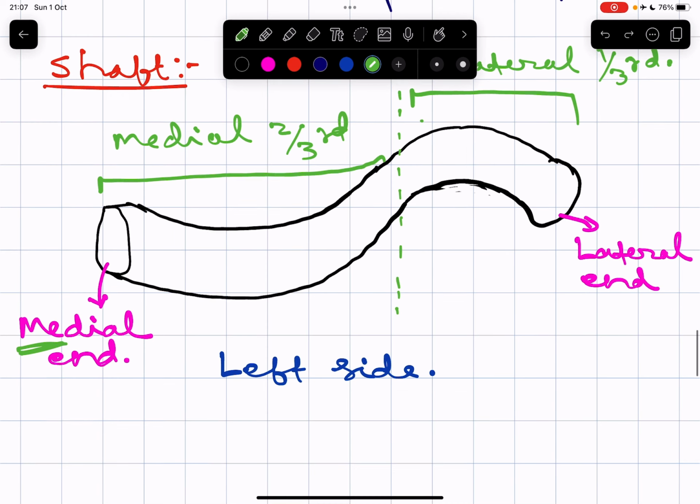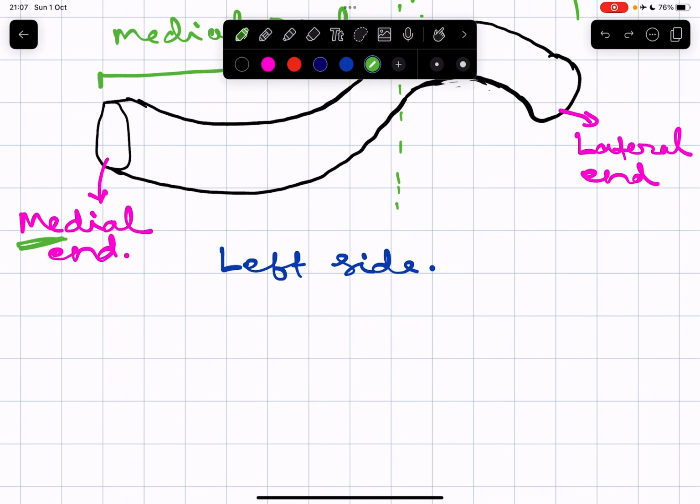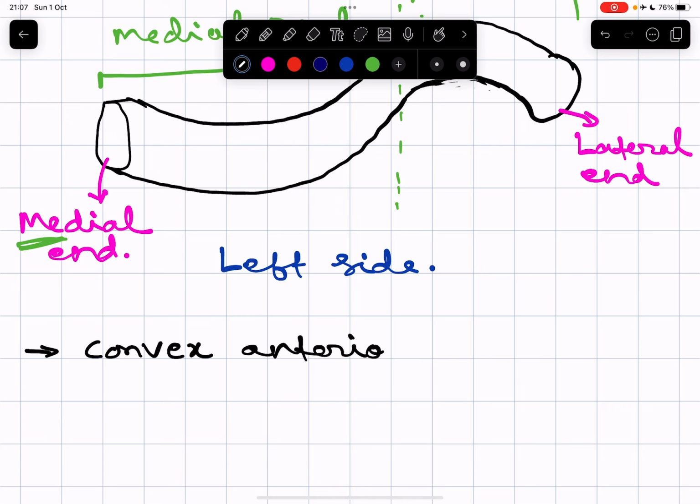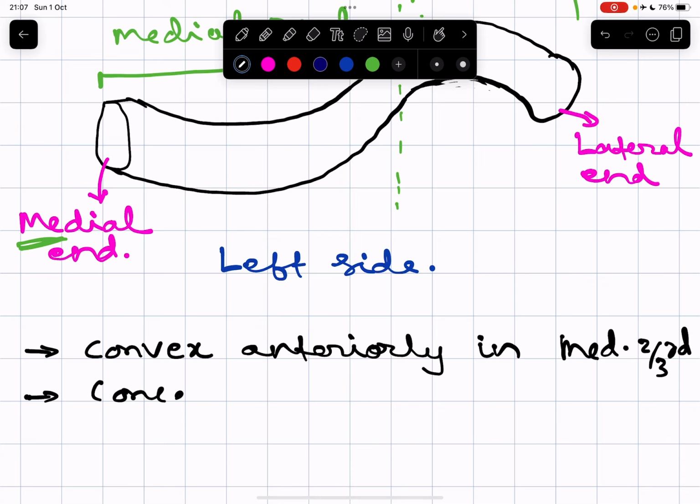So how are you going to describe the shaft? It is convex anteriorly in the medial two-third, and it is concave anteriorly in the lateral one-third.